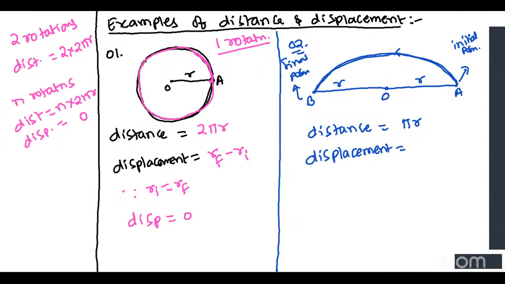Particle is moving from A to B along the circumference of a semicircle. Right? So instead of this, okay, shortest path it is A to O and O to B. So that is displacement. It is AO plus OB. That is nothing but 2R.